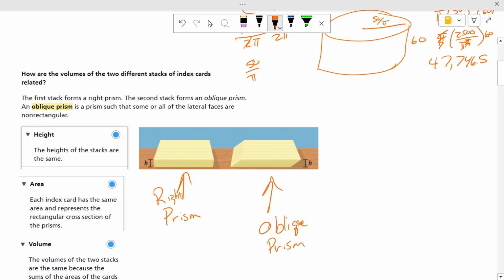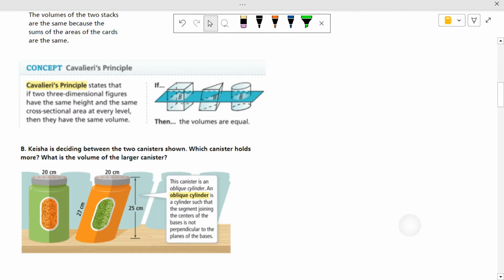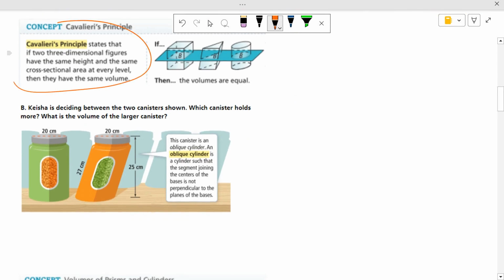And that's called Cavalieri's principle, which is right here. Cavalieri's principle states that if two three-dimensional figures have the same height and the same cross-sectional area at every level, then they have the same volume. So, these two jars are going to have the same volume.